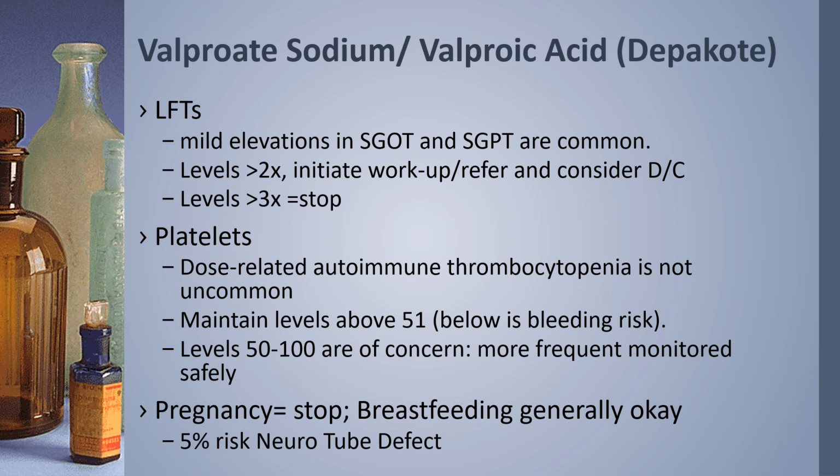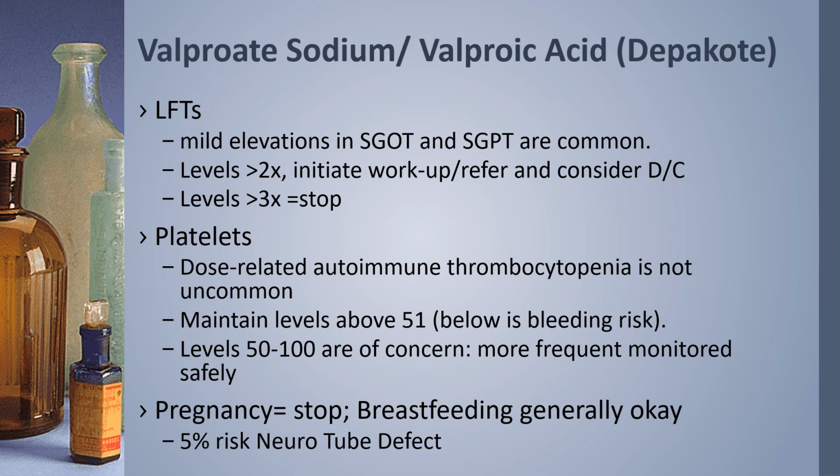Now, those other labs that we're going to look at: we've got liver function tests. It is pretty normal to see some mild elevation in SGOT and SGPT, and that's just because of the heavy metabolism in the liver and just how harsh it is on the liver. But if we see any doubled levels from baseline, then we're going to do maybe more of a full workup.